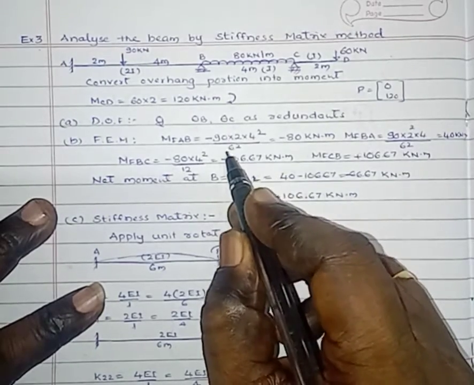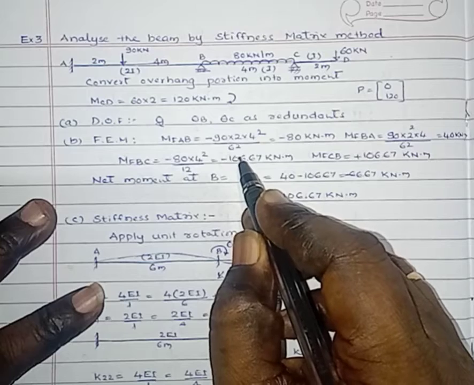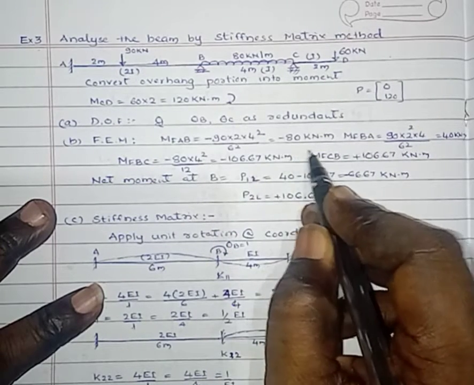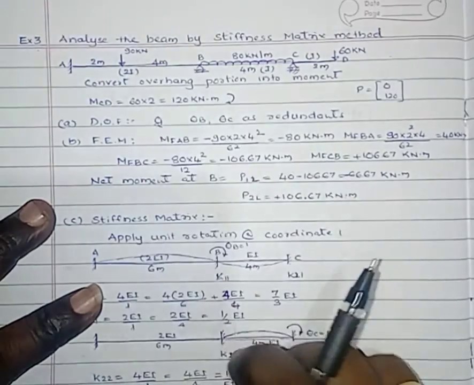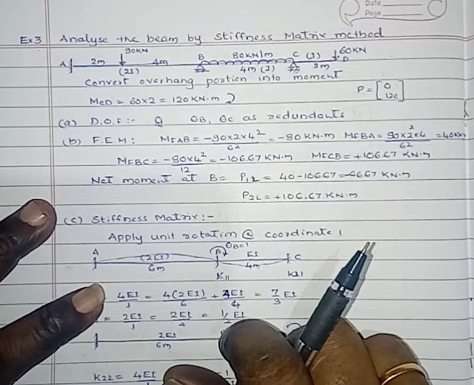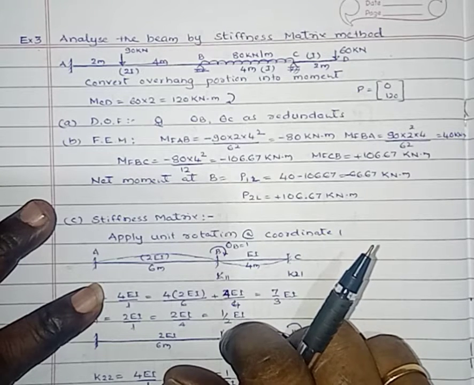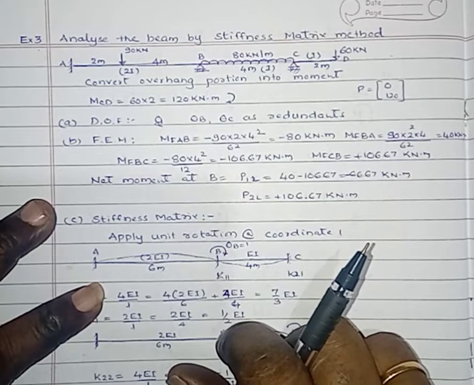By substituting the values, W is 90, A is 2, B is 4, divided by 6 squared, which by simplification equals minus 80 kilonewton meter. Then from the other end, that is clockwise, it is W A squared B by L squared. W is 90, A is 2, B is 4 divided by 6 squared, that equals 40 kilonewton meter, clockwise, that is positive.